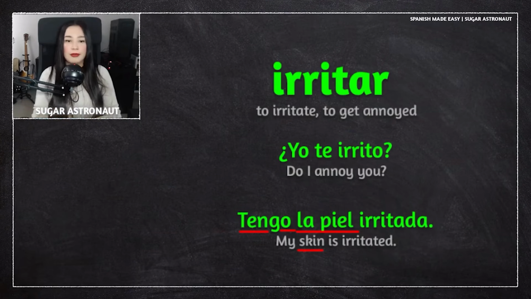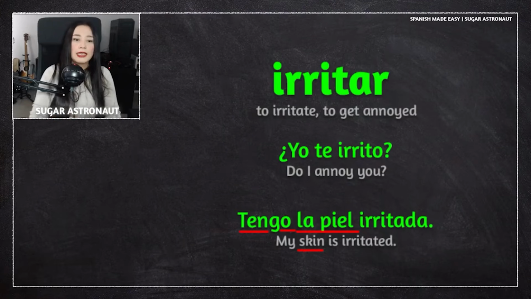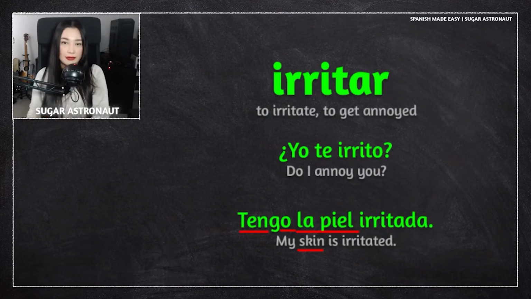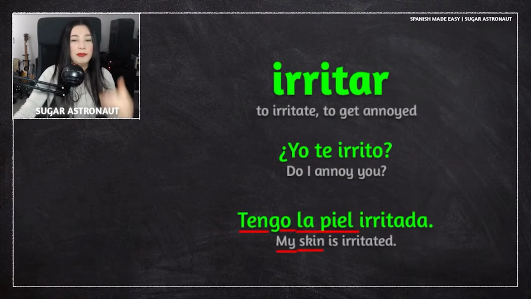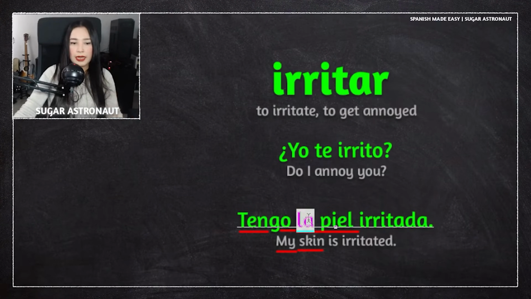Also, when talking about your skin, when something's wrong with your skin, you can say tengo la piel irritada, okay? Tengo la piel irritada. So in this situation, my skin, obviously we don't need tengo mi piel. You can have it.